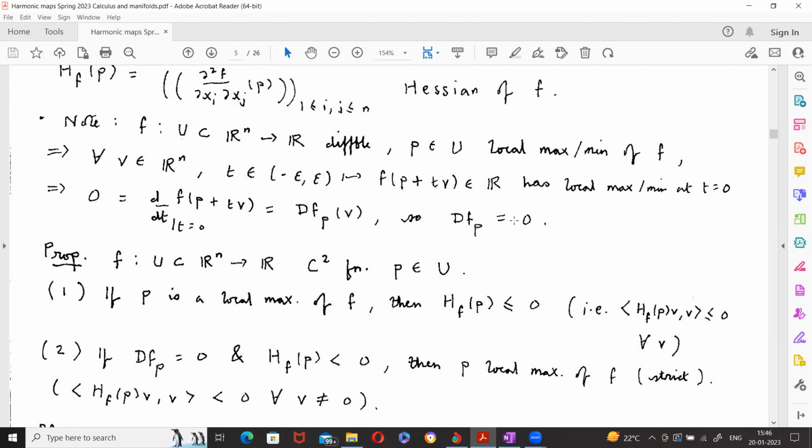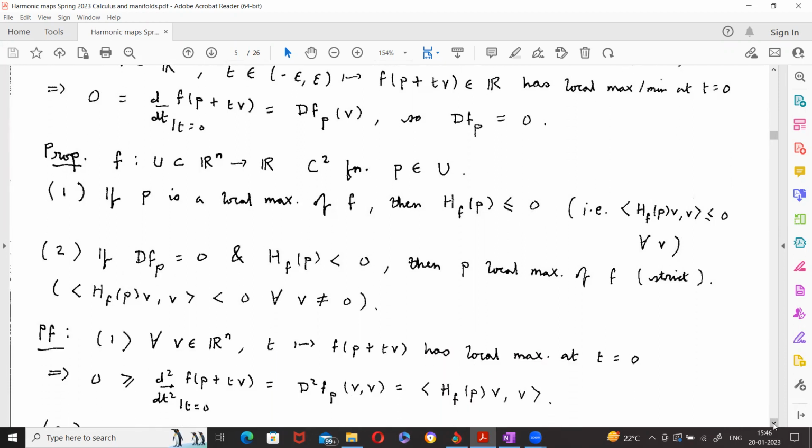So now, suppose you have a C2 function f from Rn to R. Then if p is a local maxima of f, then the Hessian matrix is less than or equal to 0. Remember, it's a symmetric matrix, so we can talk about it being greater than or less than or equal to 0. That means that the inner product of Hv comma v is less than or equal to 0 for all v. It's negative semi-definite, okay?